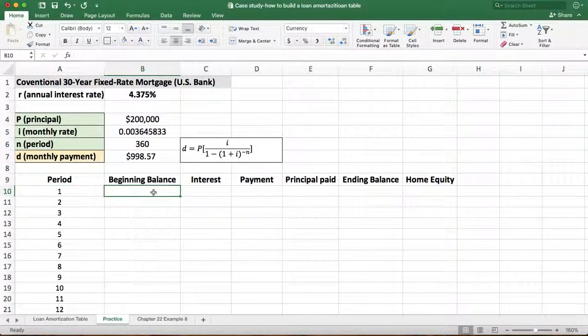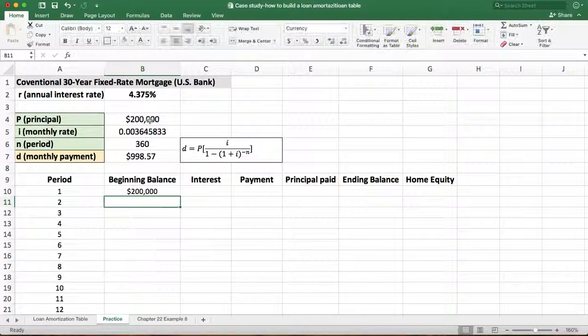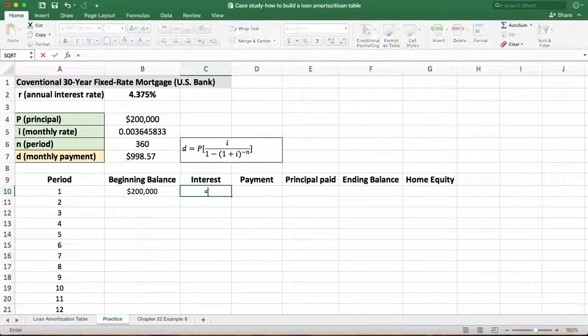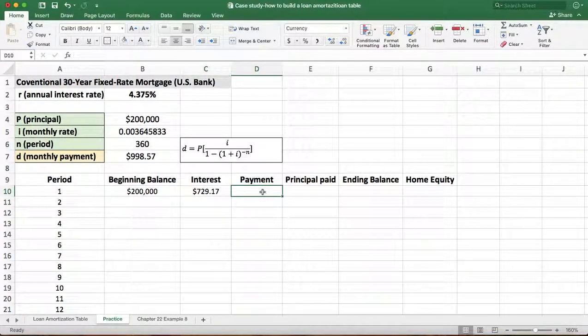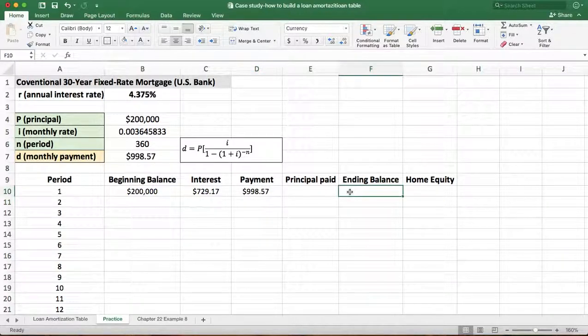And we need to calculate the beginning balance at the first period. Beginning balance is the loan, and interest for the first period is beginning balance times the monthly interest rate. Payment and ending balance.